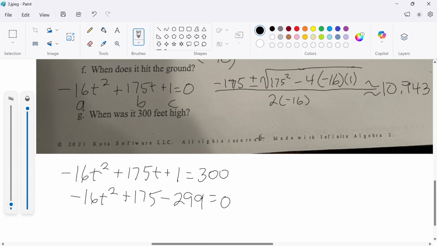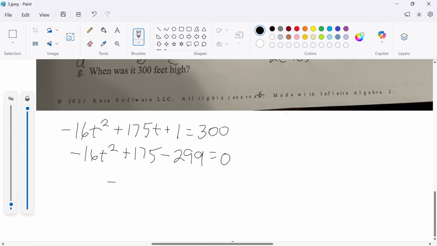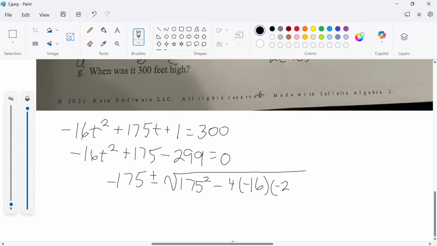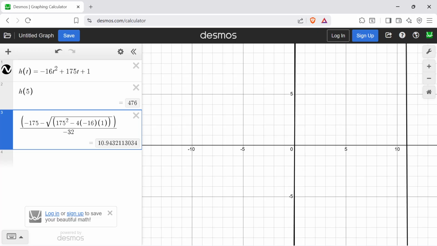And again, the quadratic formula for this one is going to be negative 175 plus or minus the square root of 175 squared minus 4 times a, negative 16, times c, negative 299, all divided by 2a, negative 32. And I'm going to do mine on Desmos.